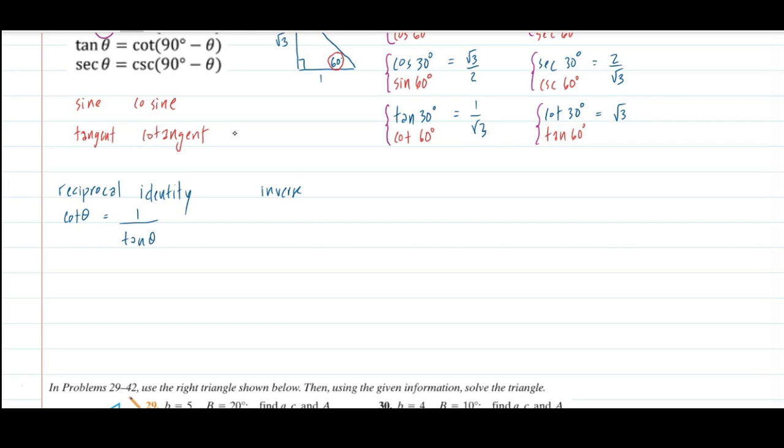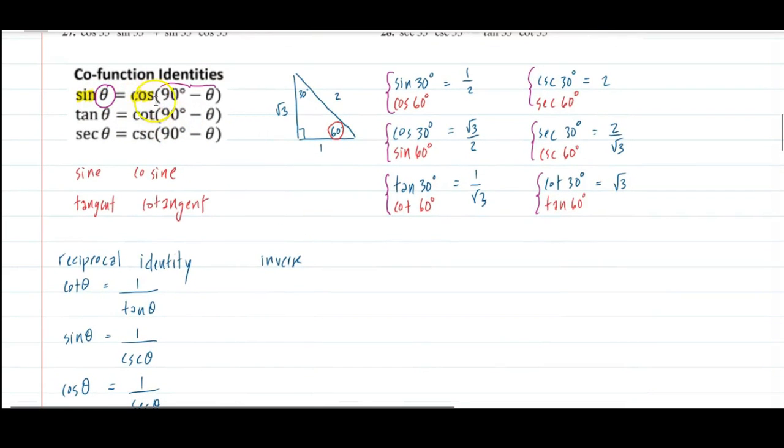It said the sine of theta is equal to 1 over cosecant of theta. And it said the cosine of theta, I'm just giving you one version of them, just randomly, is 1 over the secant of theta. Initially you get confused with these new ones. You're like, wait a minute, are these the reciprocal? No, they're not the reciprocal.